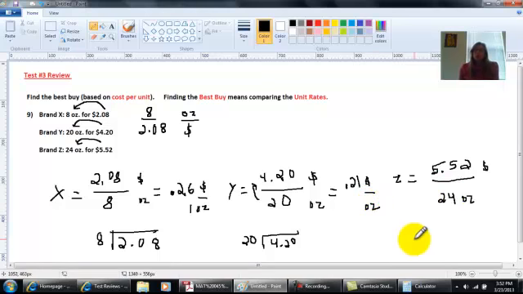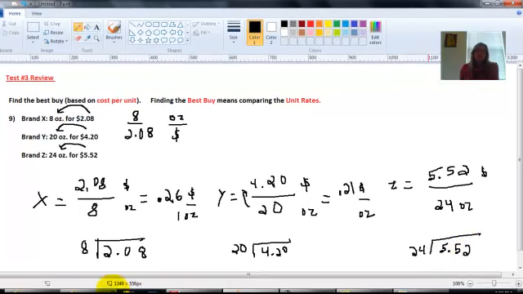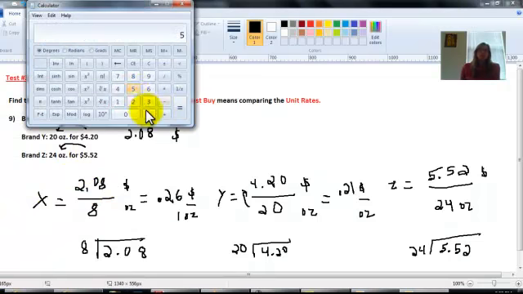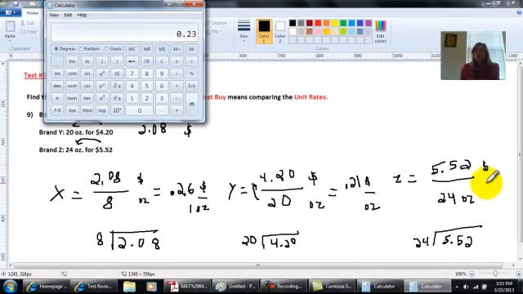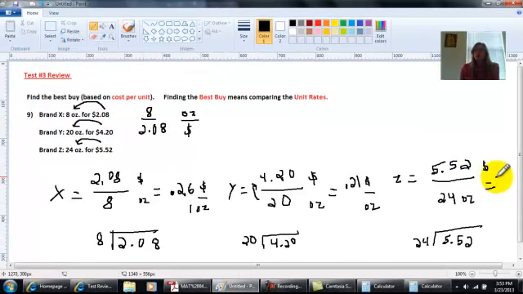And in this one, we're going to divide the 24 into the 5.52, and let's get our calculator. 5.52 divided by 24 is 23 cents. I should have written each of these as cents, or it's $0.23, which in our language we say as cents.